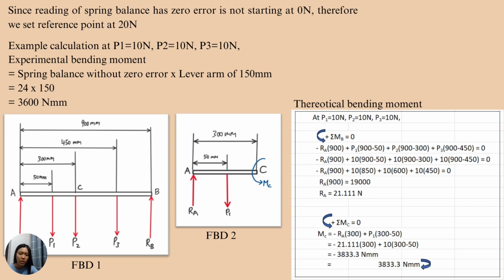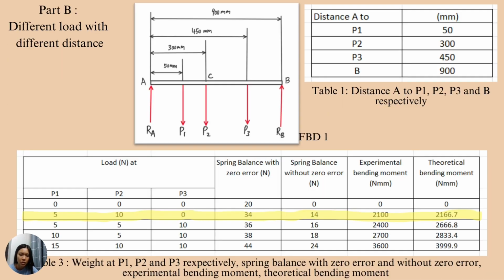Then for the theoretical bending moment, by taking a moment at B with reference to free body diagram 1, we get the value of RA. Next, by taking the bending moment at C, solving for the left part as shown in free body diagram 2, we will get the value of MC, the bending moment at C.